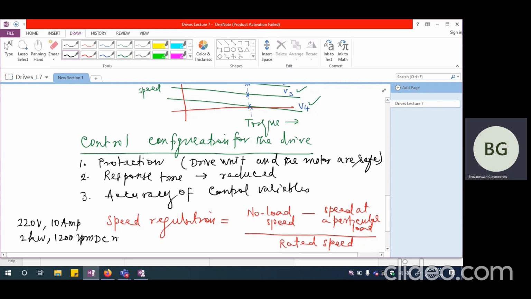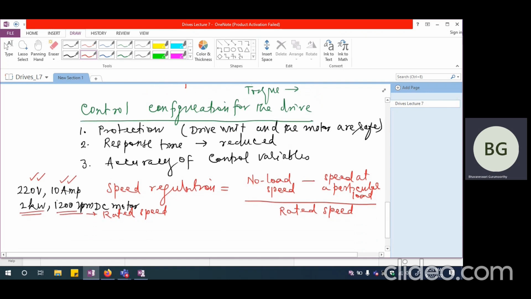If I say this, what it says is when it is applied with 220 volts and when it is drawing 10 amperes of current delivering 2 kilowatt of power, it will be running at 1200 RPM. So this is the rated speed of the motor.